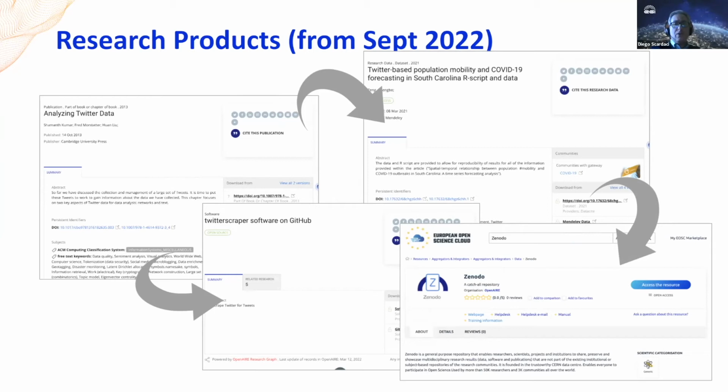In addition, in the marketplace, the user can also identify services where this software can be deployed and the dataset can be copied to perform the analysis. So putting together in EOSC both the services and the research products would allow the user to implement the full data life cycle, putting together the different pieces they can find in the EOSC.